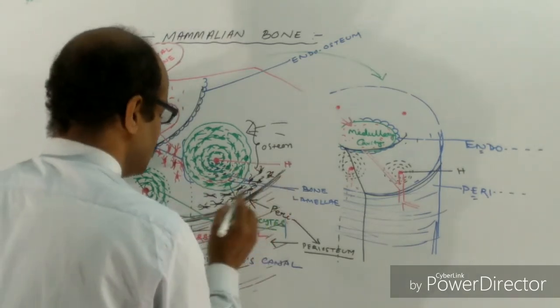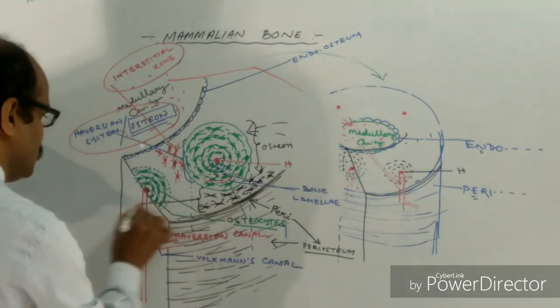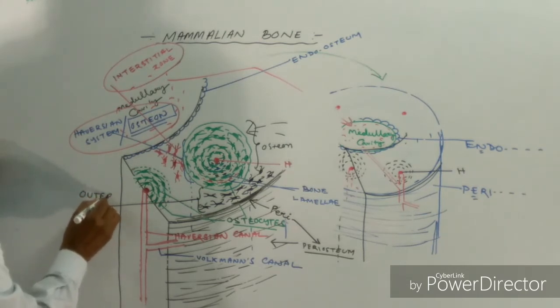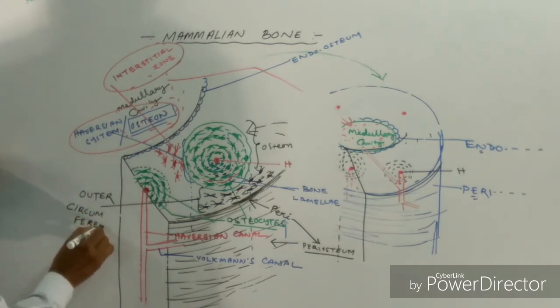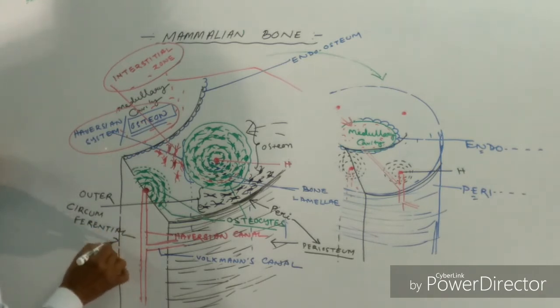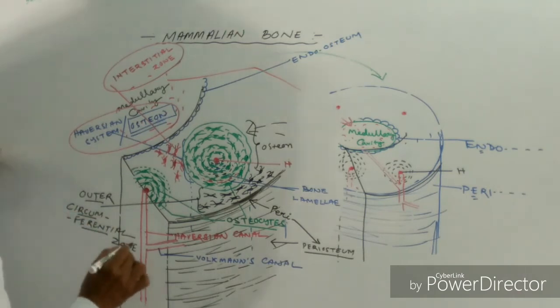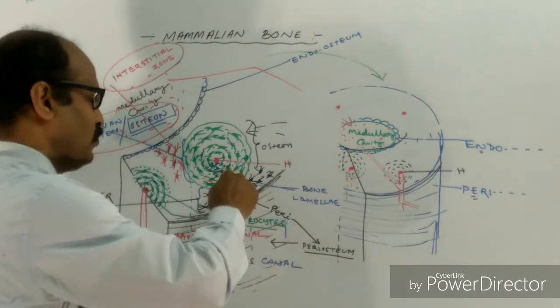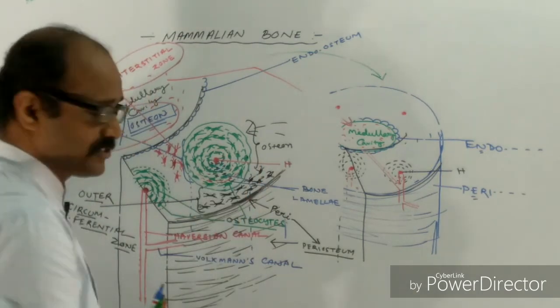This is the thin zone between the periosteum and the osteon, and such a zone runs parallel to the long axis of the bone.